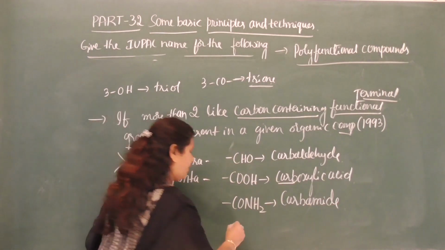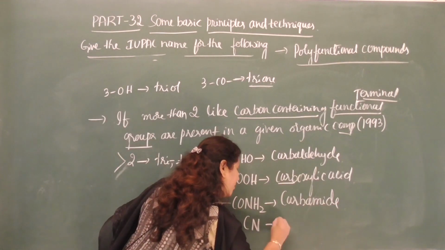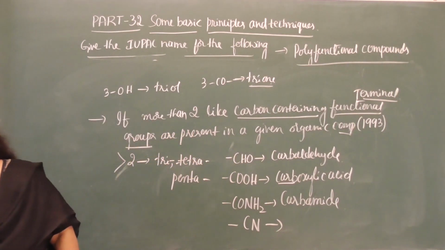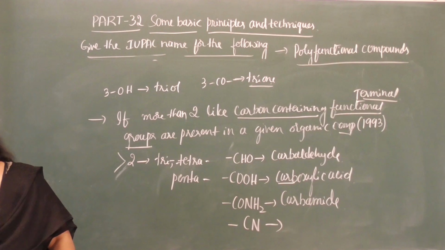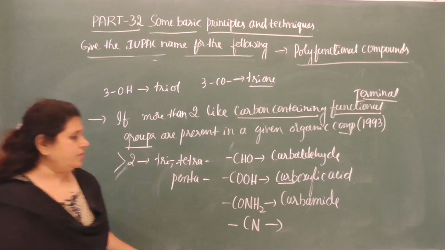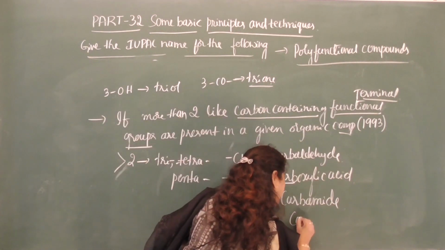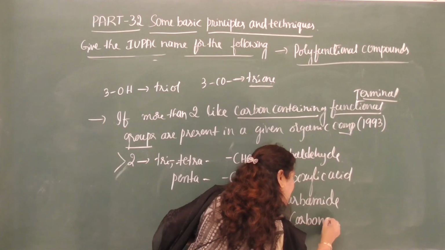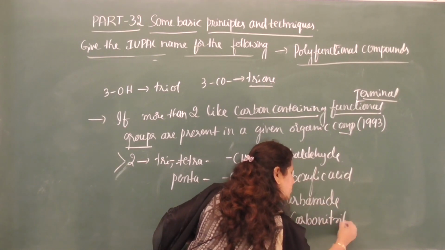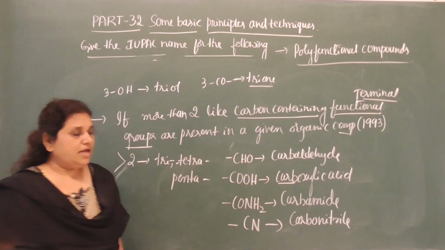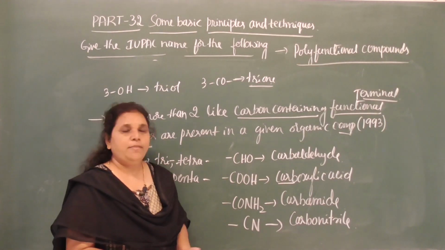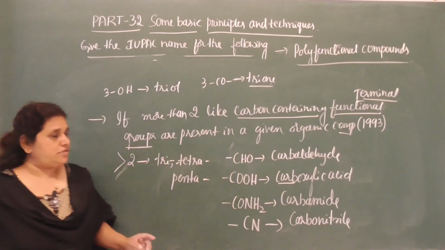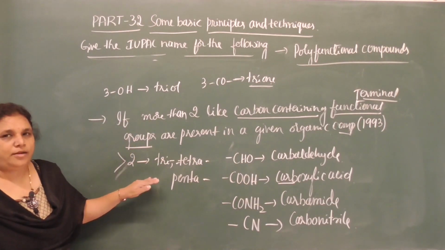And if it is the CN group, you know that it is a nitrile group, and we have to use carbonitrile. So 3 CN groups, tricarbonitrile, tetracarbonitrile, pentacarbonitrile. So remember this rule.